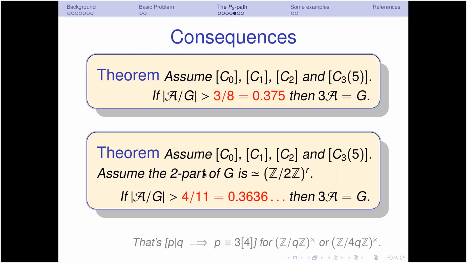You have 3 such groups: Z by 8Z, Z by 2Z times Z by 4Z, or Z by 2Z cubed. It turns out that if the 2 part is isomorphic to Z by 2Z to some power, so you don't have any Z by 4Z or Z by 8Z, then we can rule out the factor 8. And we can go to 4 by 11, getting smaller.